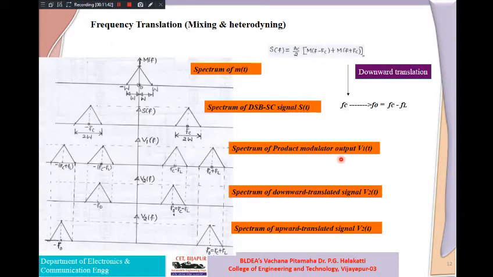That's how we are getting the spectrum of v1 of t. You can see the spectrums are now located around fc minus fl and fc plus fl instead of fc. This is how it indicates the downward shift of the frequency from fc to fc minus fl.